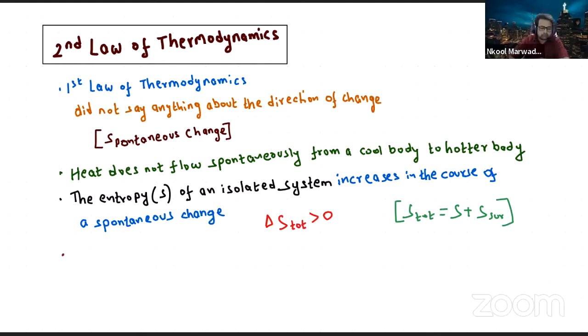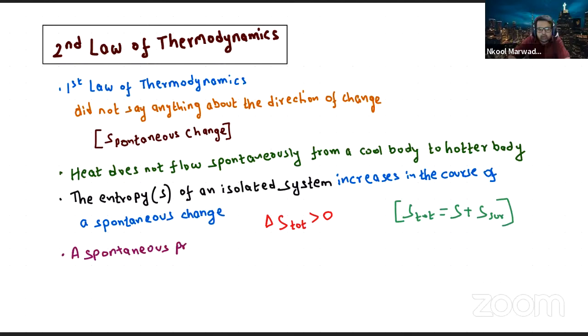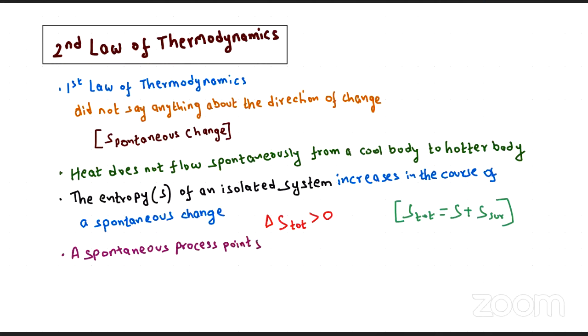A spontaneous process. If we have a spontaneous process, it will always point towards the direction in which the total entropy increases. So what does this mean?